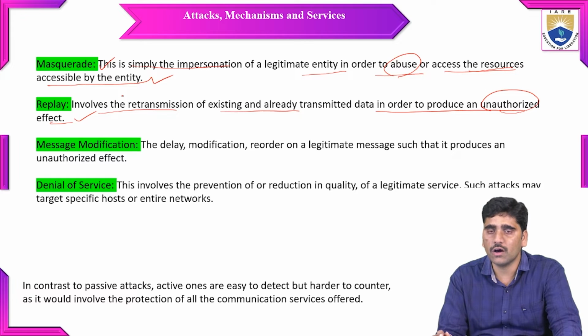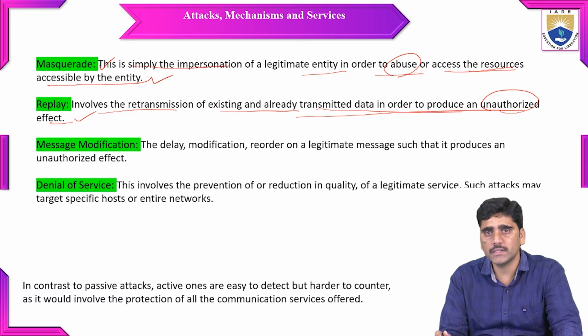If you send a lot of replies or responses to the destination, the destination will get confused about which one to take effect. That's why replay attacks are active. They confuse or divert the user transferring the data.